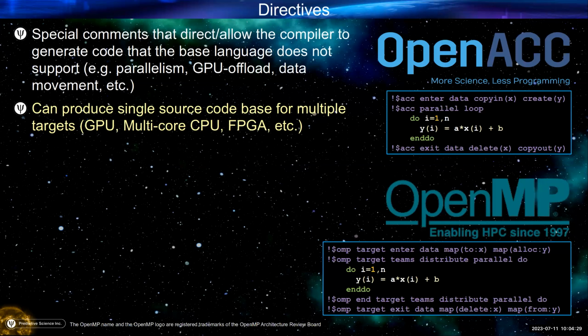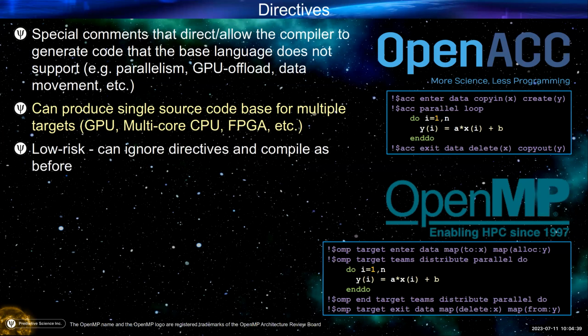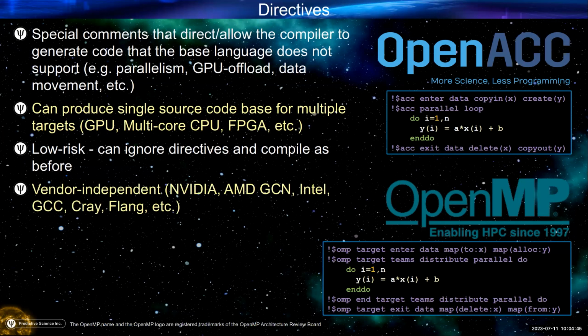You can produce a single source code base for multiple targets. Because these are comments, any system that doesn't recognize them will ignore them and just compile the code as it was before. This is why it's low risk to take one of these approaches. So you GPUize your code. These are open standards, so they're vendor independent in theory: NVIDIA, AMD, Intel, GCC, Cray, Flang.